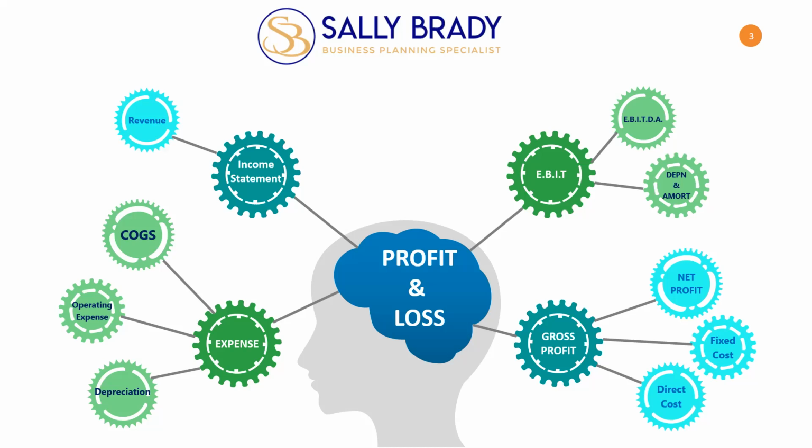Now, depreciation I explained a minute ago. So depreciation is the breakdown of the costs that you're feeding through into your business over a period of time where it's to do with something like what we call a tangible asset, something that you can physically feel. So it's something like a computer. Whereas amortization is the similar sort of thing, but it's of an intangible asset, so something that you can't physically touch.